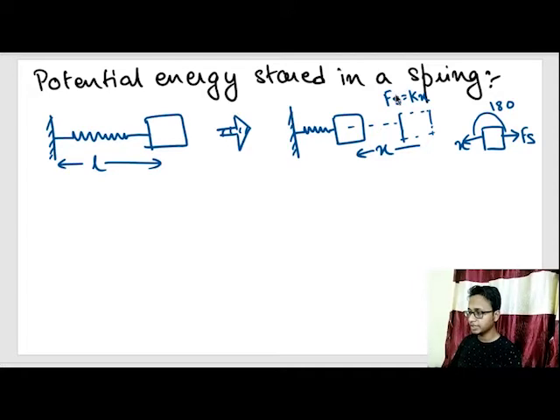This force changes, and therefore the work done changes. This x is nothing but the total displacement. But as soon as we shift this block 1 centimeter towards left, the spring force increases. If I make this s, you will get confused. Let's name this dx. Dx means a little bit of elongation.